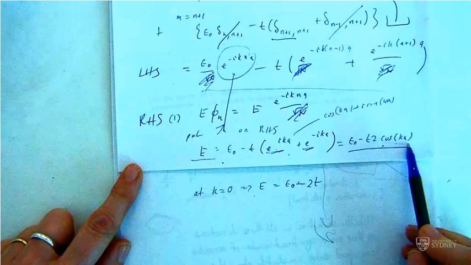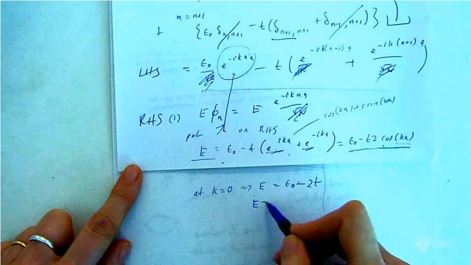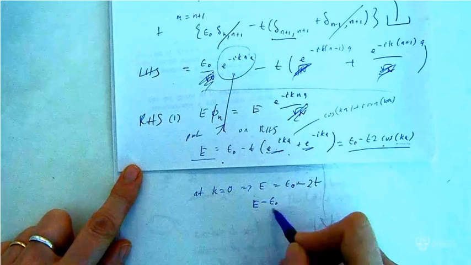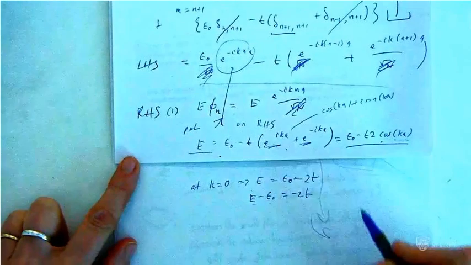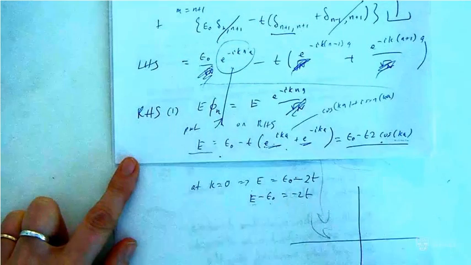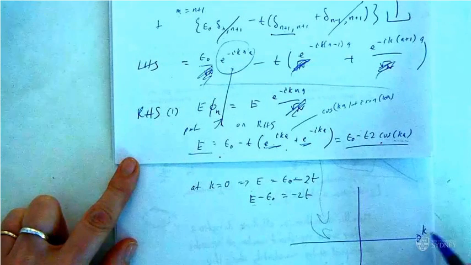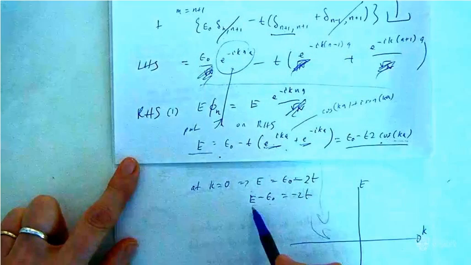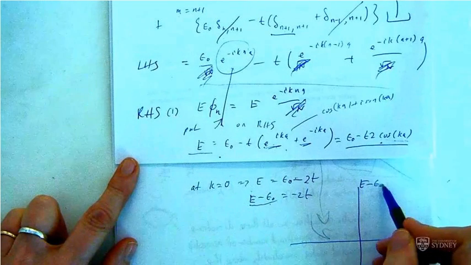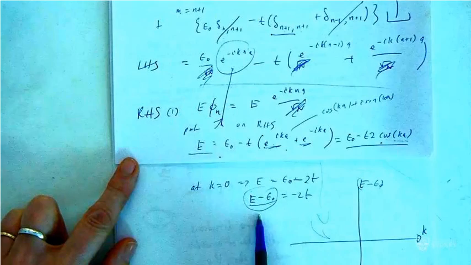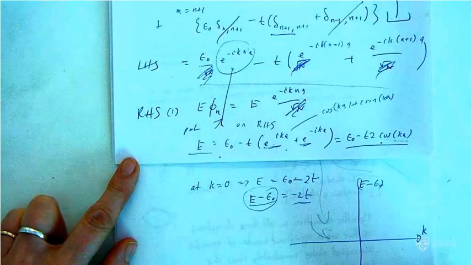Then you can take the E0 on the same side as the energy, and you get minus 2t. This is what's been done in the lecture notes that you may have already seen, or if you haven't, you'll see right now. So if we plot on the y-axis E minus E0, then at k equals 0 we have a value of minus 2t.